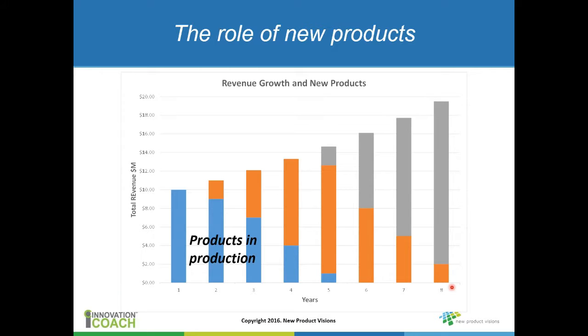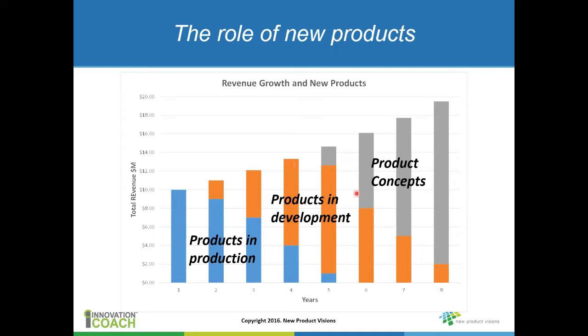Your products that are currently in production are generating that revenue, but you know intuitively that over time that revenue is going to go down for a variety of reasons. It may be faster or slower depending on your industry and so forth. So that's why you've got other products in development. You're counting on those products, once they're introduced to the market, to continue to allow the business to grow.